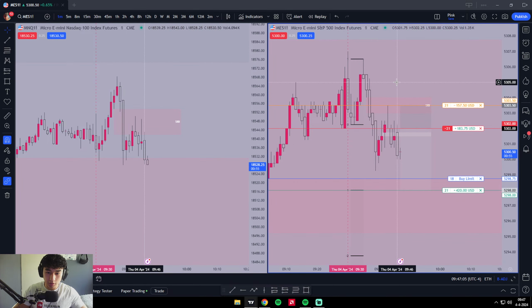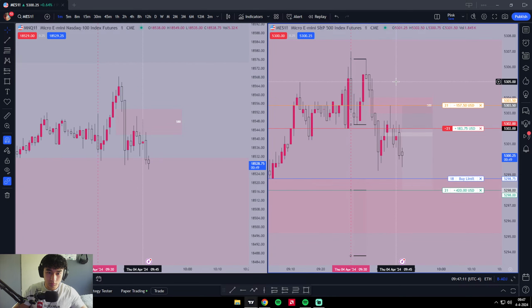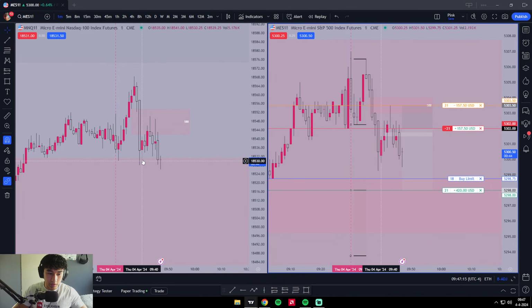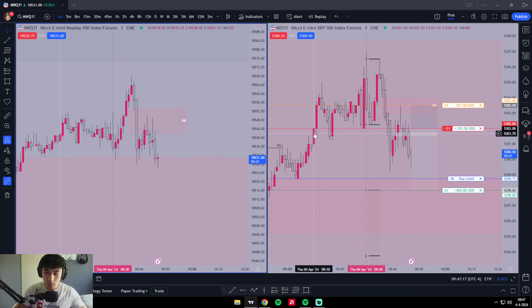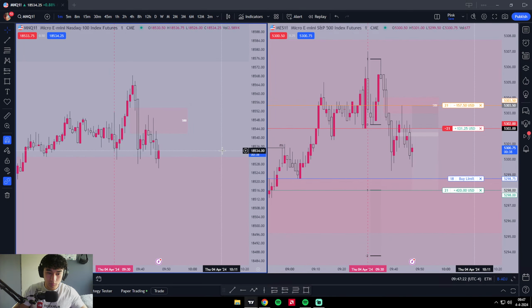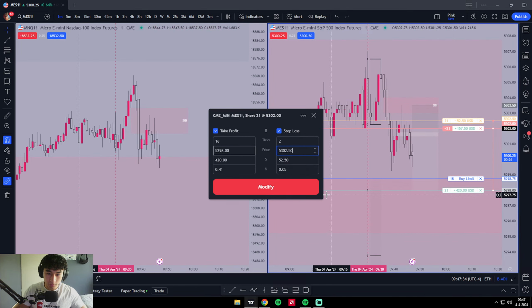This does look good now. So we did take out that low on NQ. Let's see if that holds. Should go lower. I'll adjust my stop here.